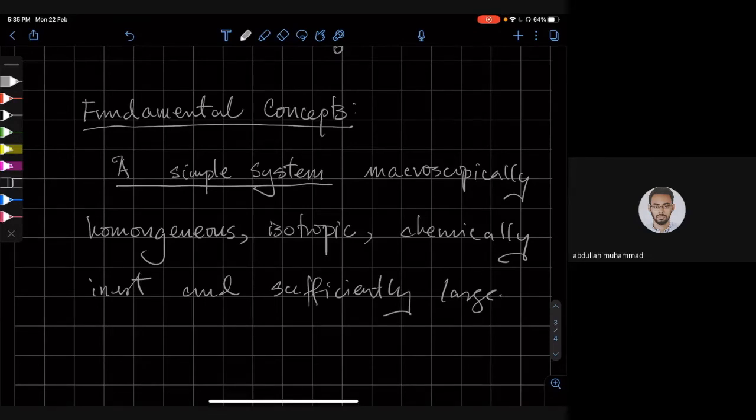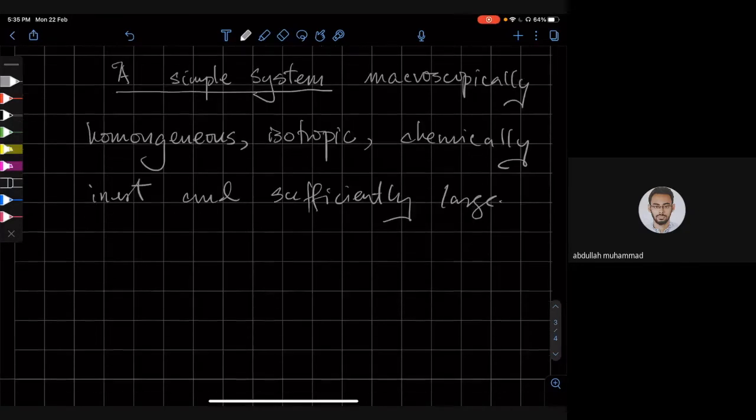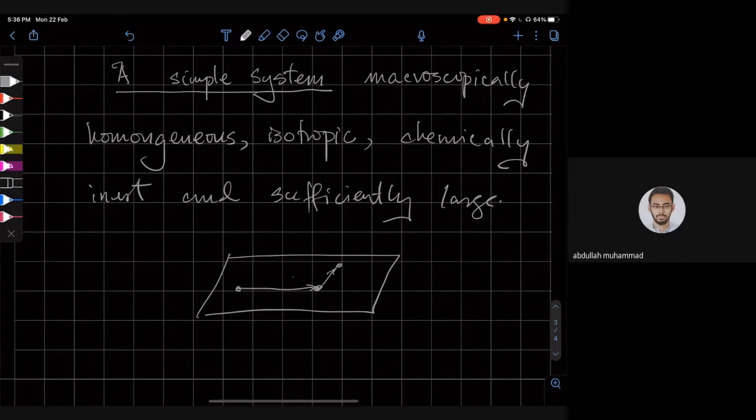So what does homogeneous mean? It means that if you translate within the system, then the system looks the same. So that means that every point is like every other point.